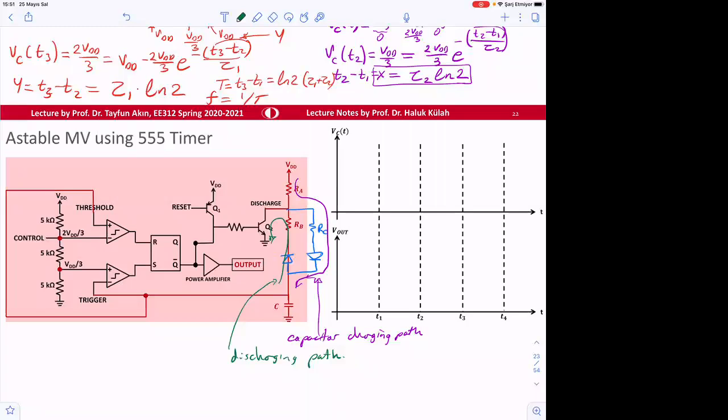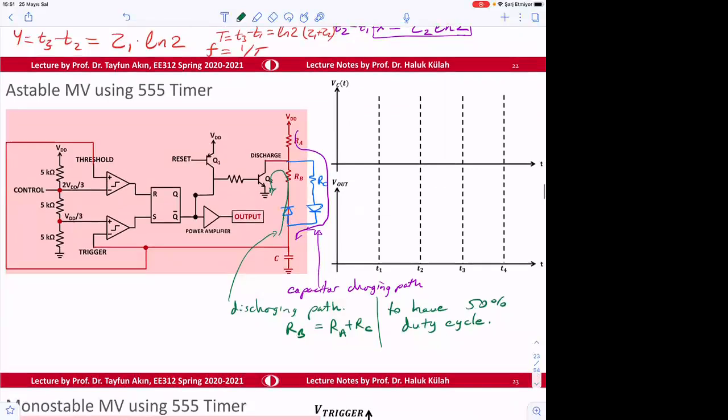If you make it this way in the charging path, maybe you can make RA plus RC equal to RB to have a 50% duty cycle. This is the way to make things, for example.